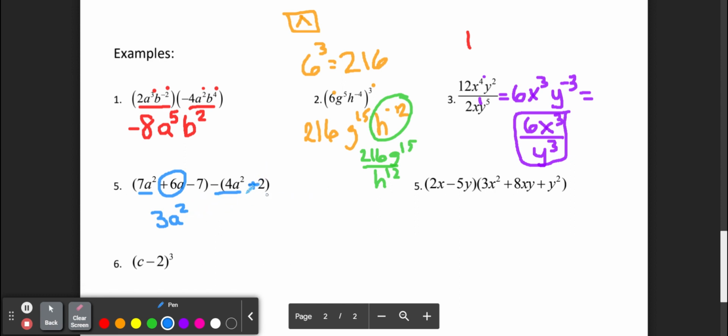And you get nothing, right? This cannot add with this. Oh my goodness, it doesn't have an a. Don't add. This 7 can add with the 2. So we're just going to bring down our 6a. It's all by itself. But it's a negative 7 plus 2 is negative 5. So those two can add together.